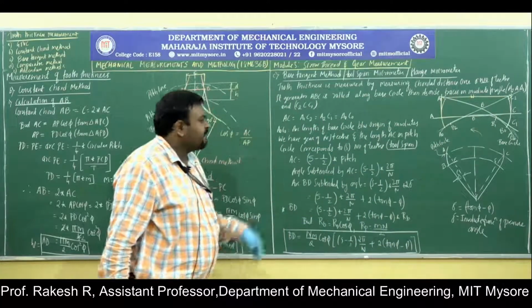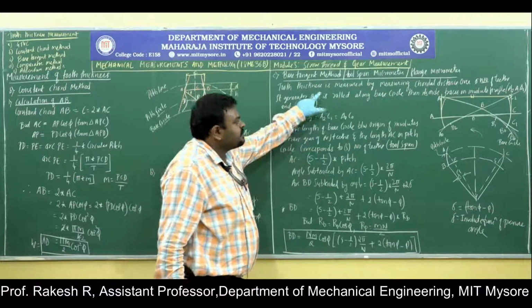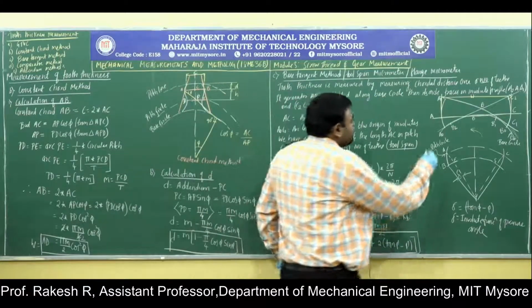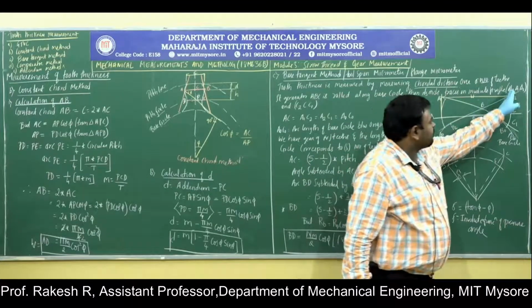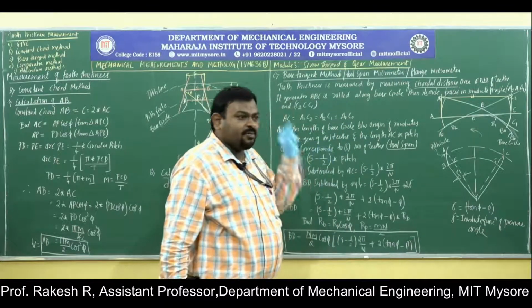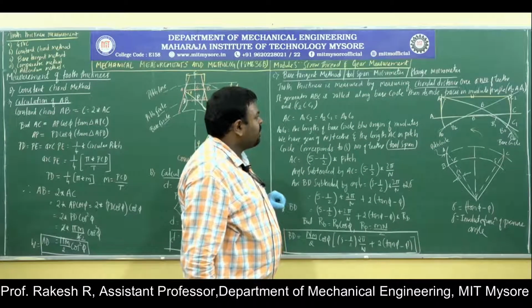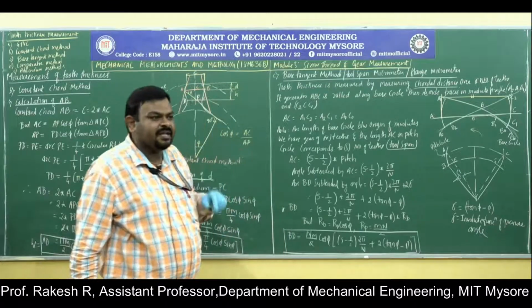Looking into the derivation, the main thing is the tooth thickness is measured by measuring chordal distance. Again the same thing, we are measuring the chordal distance, and the chordal distance is over a number of teeth, not for a single tooth but for many teeth.